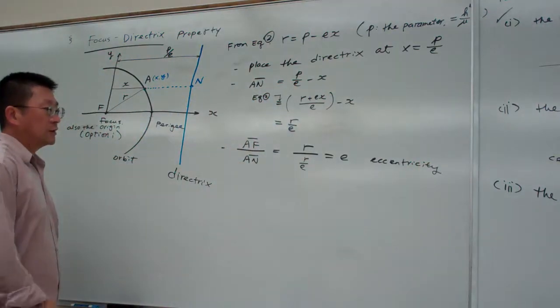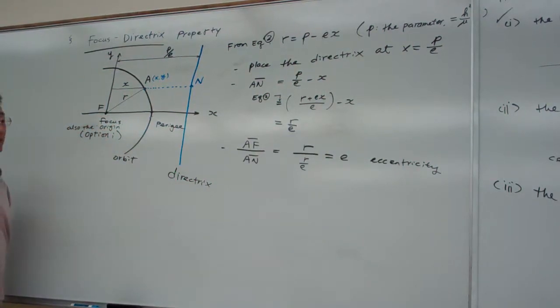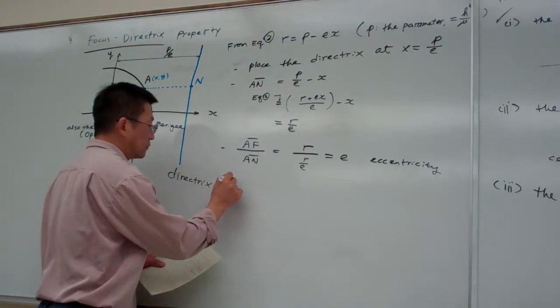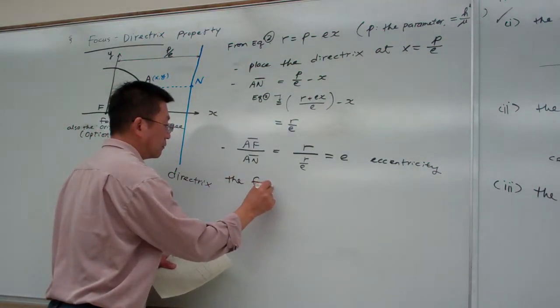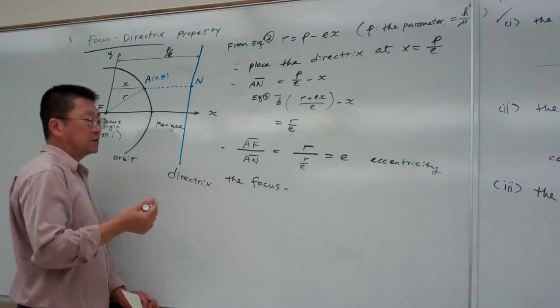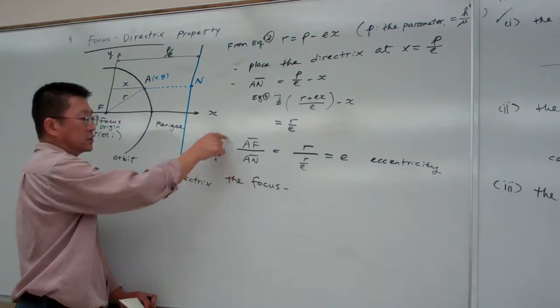So this is called the focus-directrix property, and this is saying that AF is the distance to the focus, and AN is the distance to the directrix.